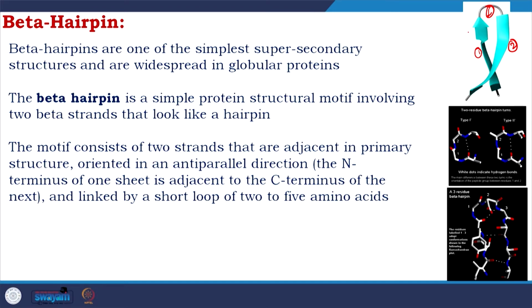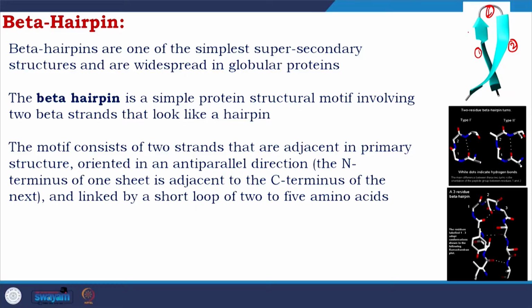The N terminus of one strand is adjacent to the C terminus of the next and linked by a short loop of 2 to 5 amino acids. So, depending on how many amino acids develop the loop, they have their classifications.